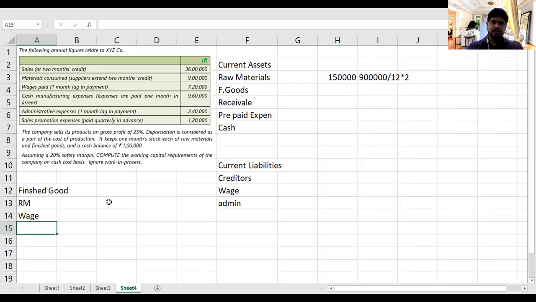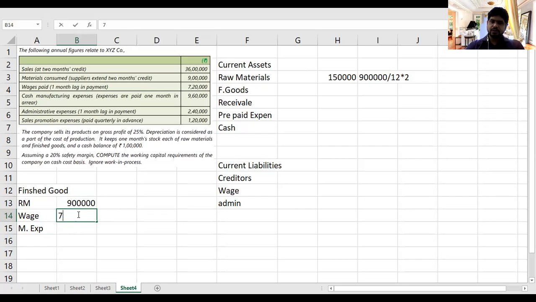Cash manufacturing expenses. Admin cost is not part of product cost, and the sales promotion cost also is not a part of product cost. Here raw material cost. How much raw material cost? Here 900,000 annual cost, and wage cost.